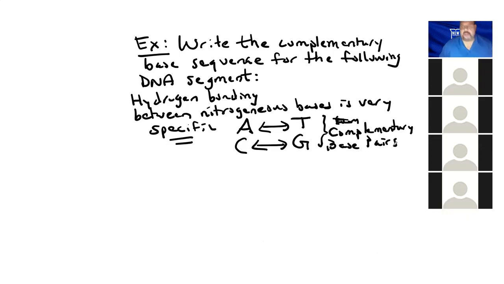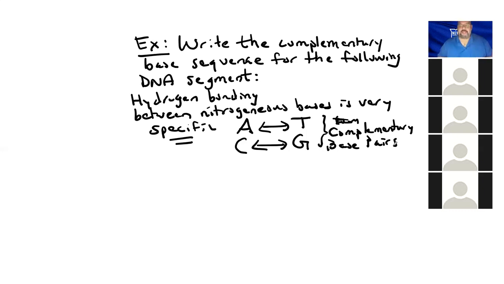You don't have to identify the hydrogen bonding in each. What you'd want to remember is that for adenine and thymine, there are 2 hydrogen bonds between them, and for cytosine and guanine, there are 3 hydrogen bonds between them.